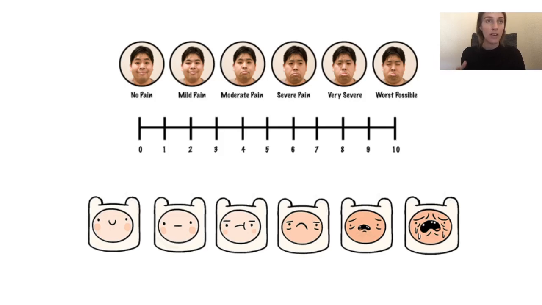So there are lots of research design issues we could delve into here, right? The difference between having text versus no text, the difference between, say, even culture, right? In this case, we have on the very far right of the bottom scale here, we see somebody in tears, right? So maybe somebody's in the worst possible pain, but they're not crying. So they might look at a scale like this and say, well, I'm obviously not in the worst possible pain because I would be crying, right?